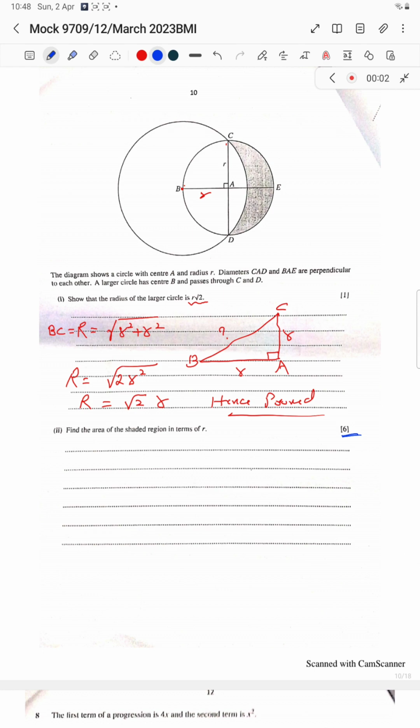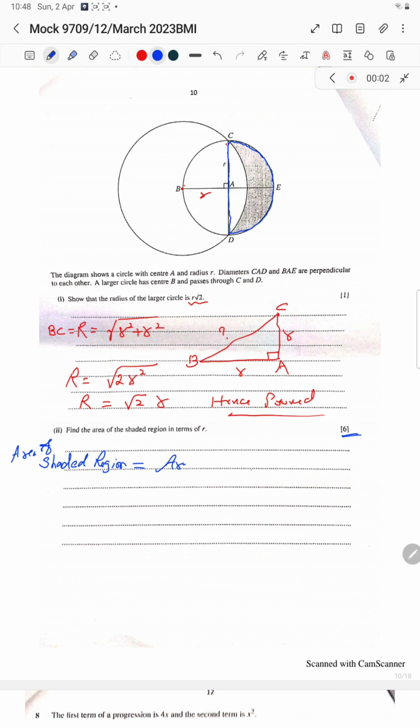If you can see the shaded region, area of the shaded region is equal to the area of this semicircle.